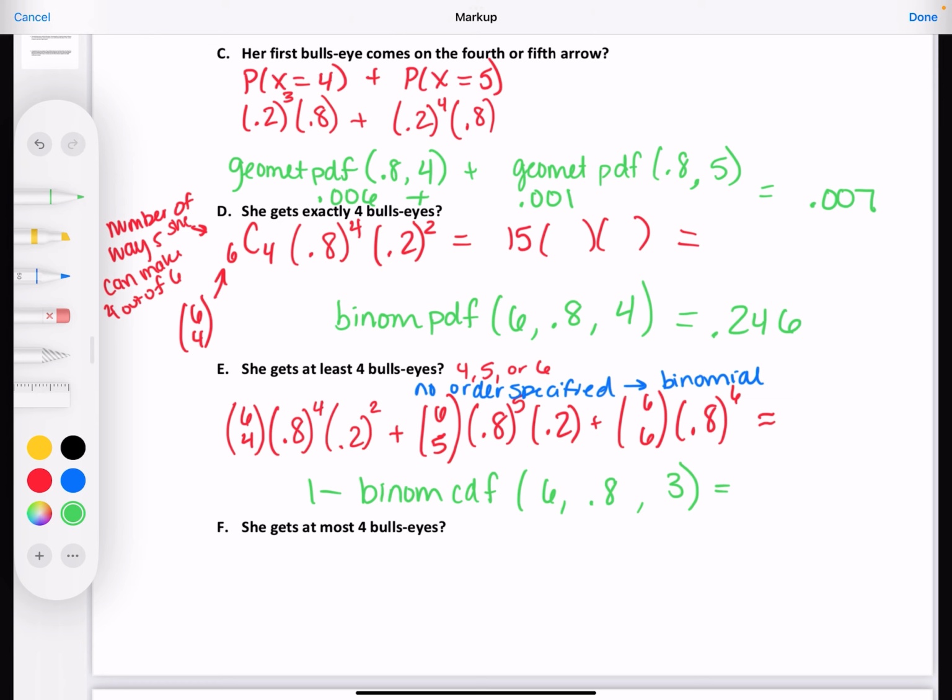Otherwise, you have to do them all individually, because this will add up everything 0 to 3, so it'll subtract that off. I got 0.918.